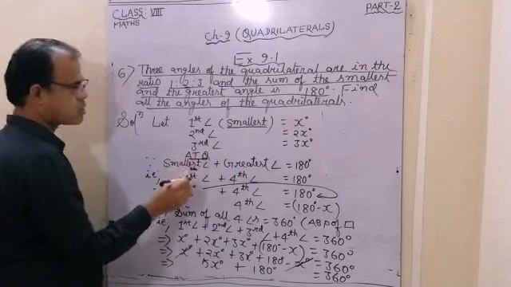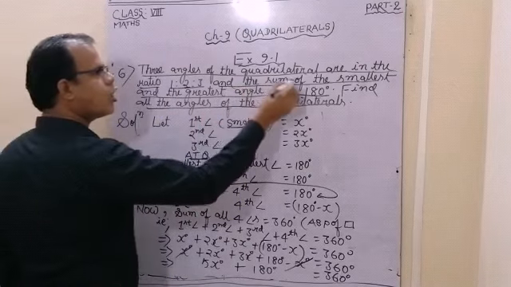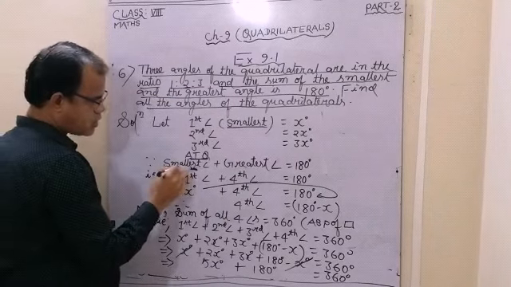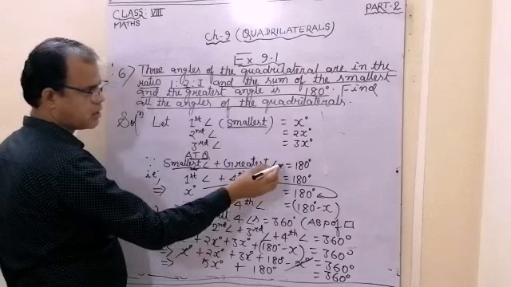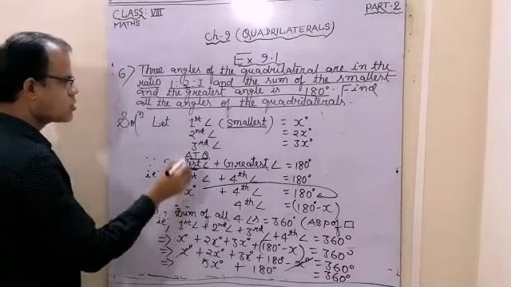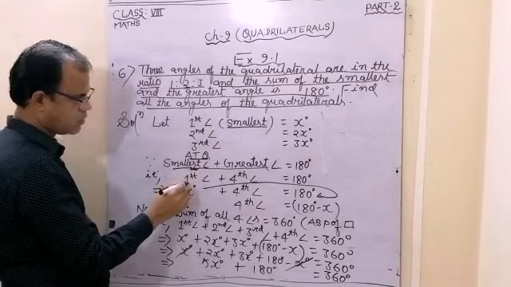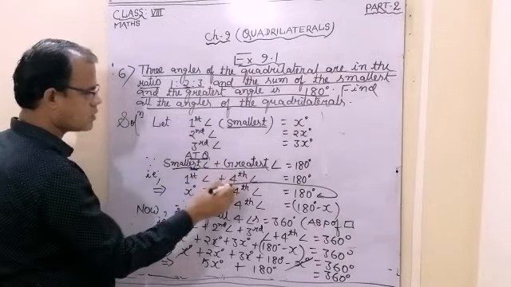Now according to the question, the sum of the smallest and the greatest angle is 180 degrees. The smallest angle is the first angle, and the greatest angle is the fourth angle.